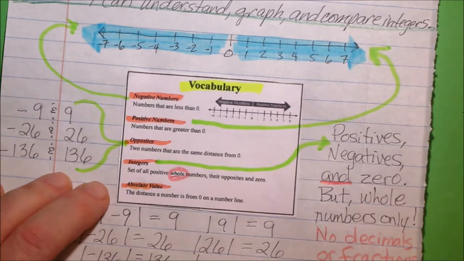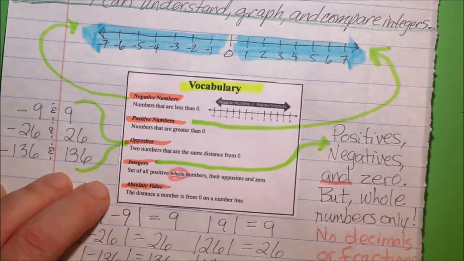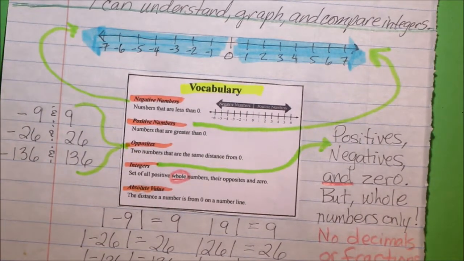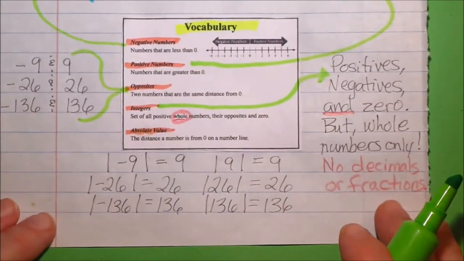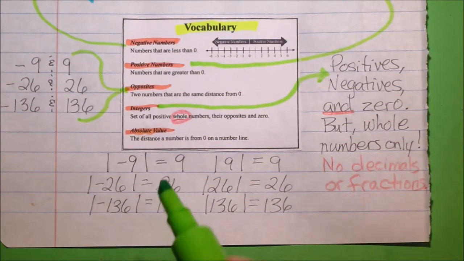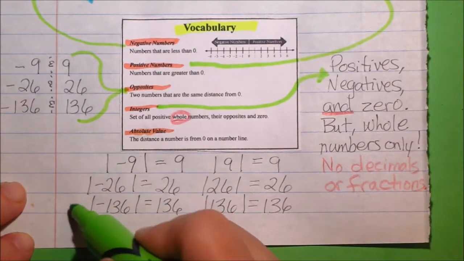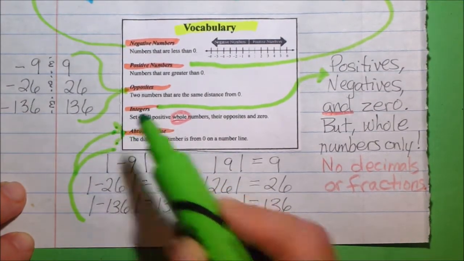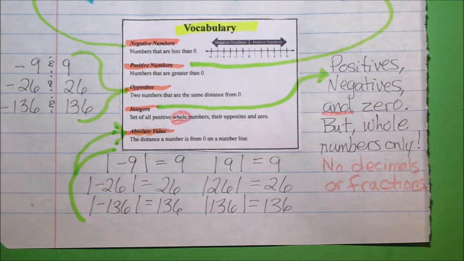The absolute value of 136 is 136. All right, see how that works? So we'll be looking at that a lot. You'll talk a lot more about absolute value when you get to 7th grade next year. We just look at it pretty simply in this one unit. All right, so that's our examples for absolute value.